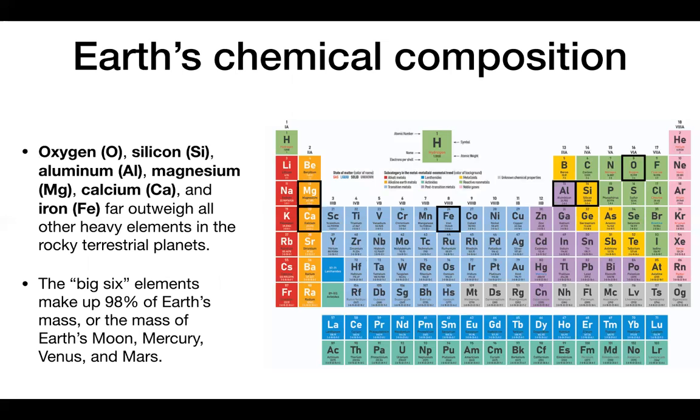The 8 most abundant elements in Earth's continental crust form the most common rock-forming minerals. The elements oxygen, silicon, aluminum, magnesium, calcium, and iron are the most common in the rocky terrestrial planets and moons, making up 98% of their mass.